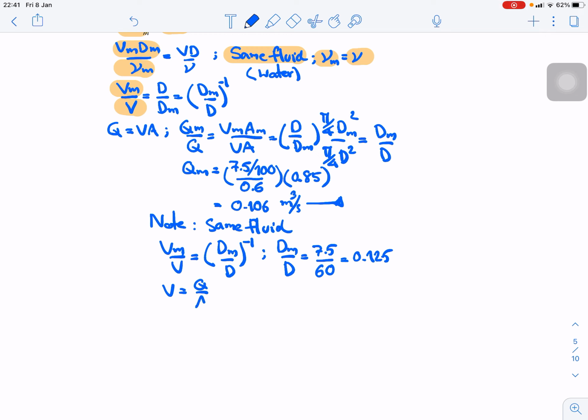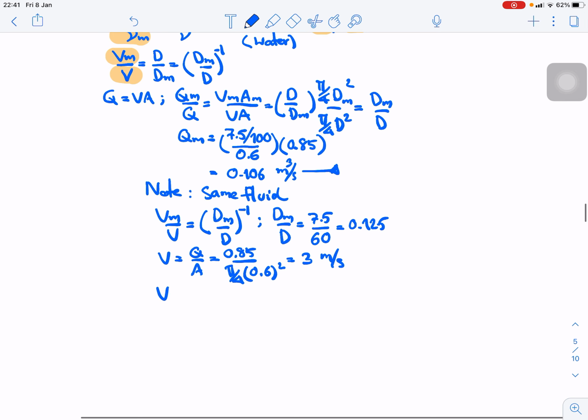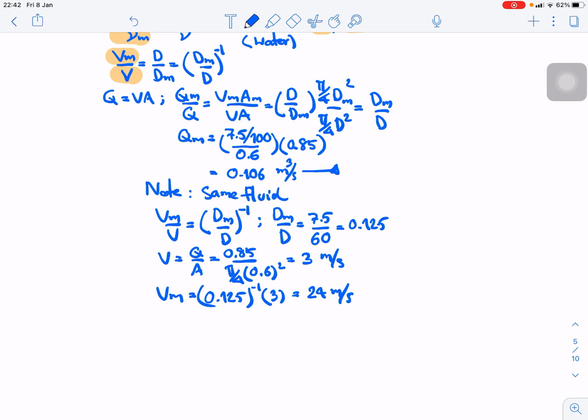The velocity for the prototype is about 3 meters per second. If we check for the model, it equals 0.125 to the power minus 1 times 3, so it's about 24 meters per second.